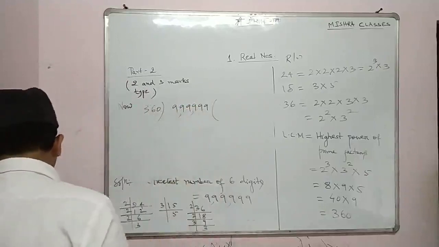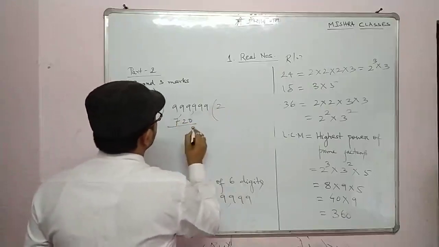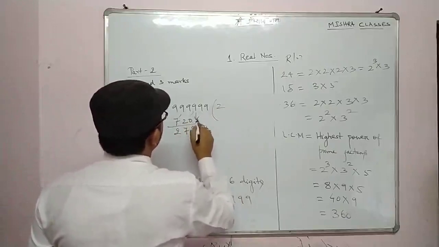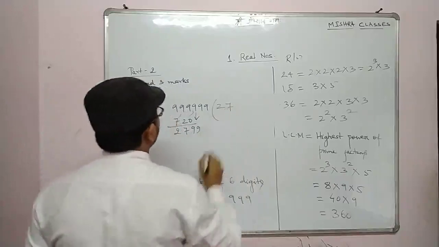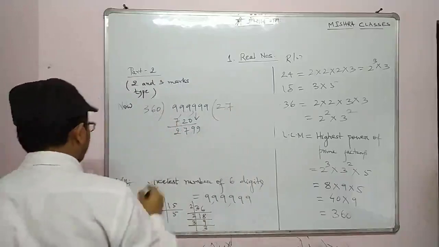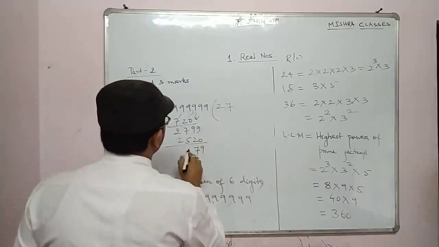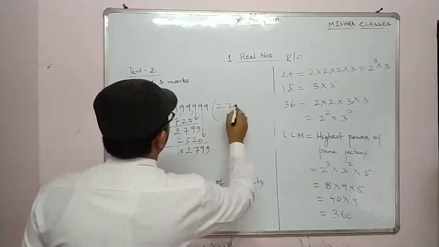Now 360 how many times? 2 times gives 720. Then this 9 gets dropped. Then again 7 times. How much will we get? 2520. Again this 9 comes, again 7 times.